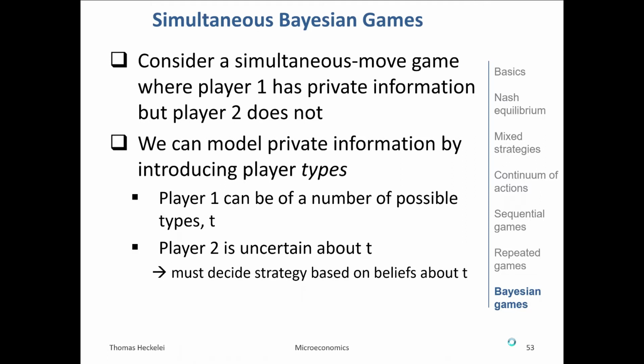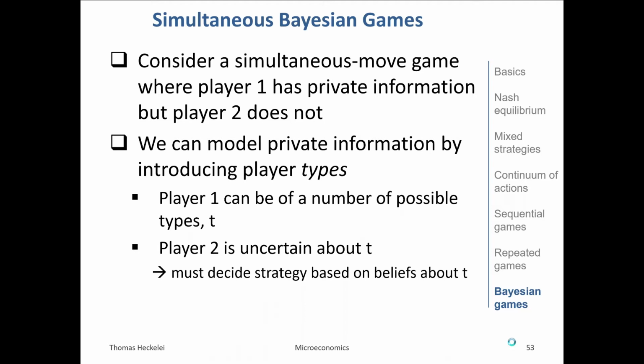However, player two is uncertain about the type of player one. He doesn't know for sure. In the car example again, player one is the seller, who knows for sure how honest he is or what the condition of the car is, if it's a good one or a bad one. But player two does not know exactly about it.